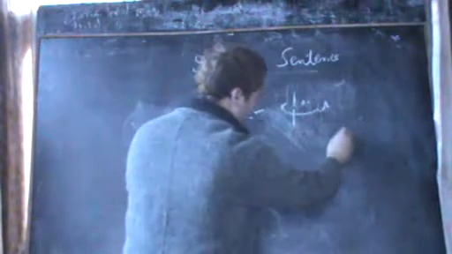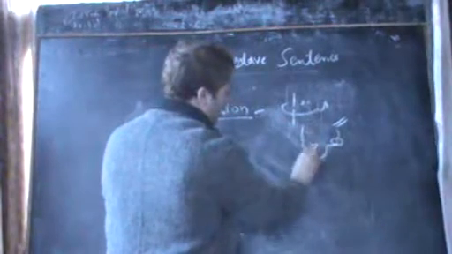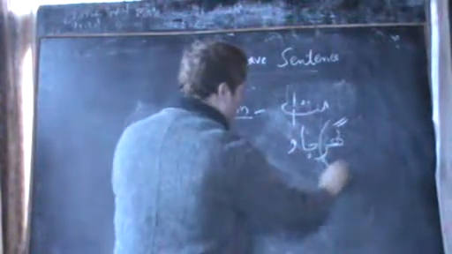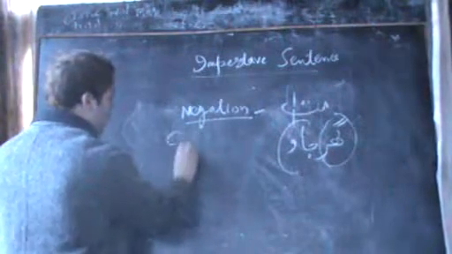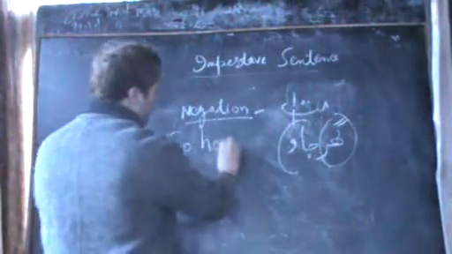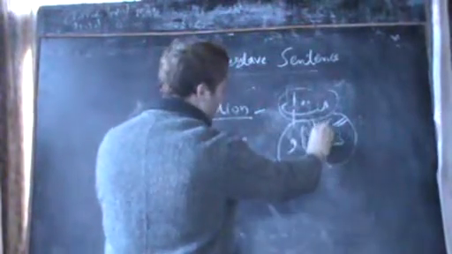I will write a sentence here. Ghar jao. So ghar is here noun and jao is here verb. It becomes go home.